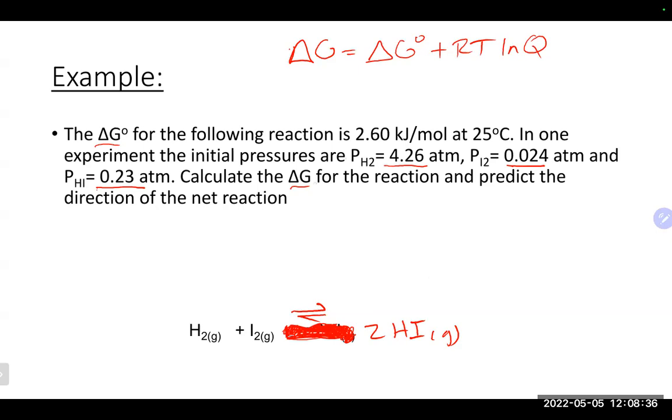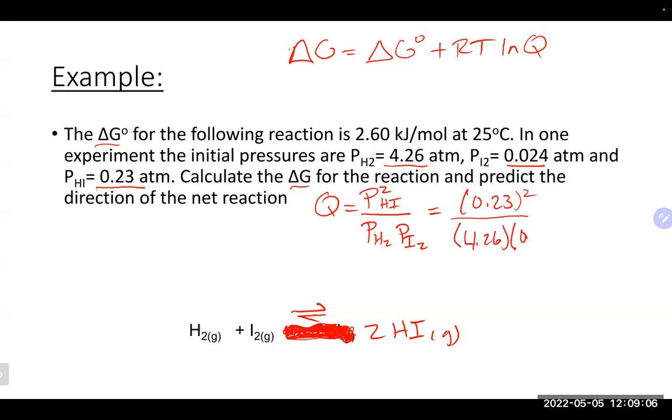So we do need to calculate Q. Q in this case would be our products over reactants, which since we're dealing with pressures, would be the partial pressure squared of HI divided by the partial pressure of H2 times the partial pressure of I2. Putting in our numbers, if I grab the right one, let's go with 0.23 divided by 4.26 and 0.024.